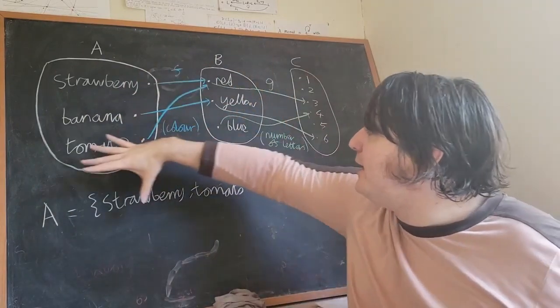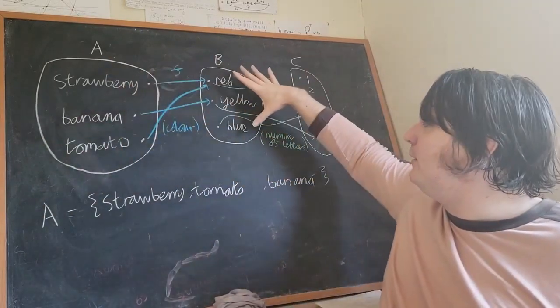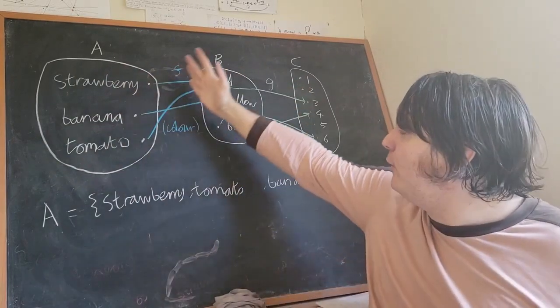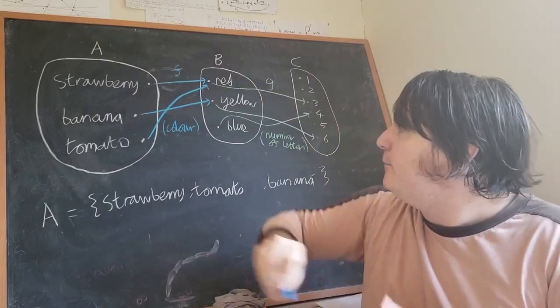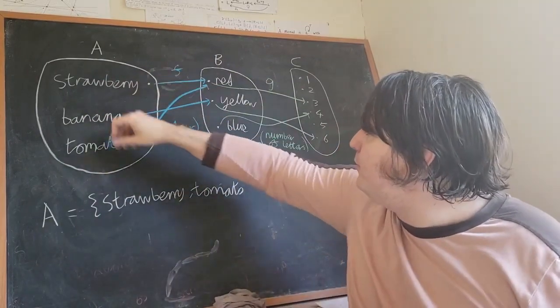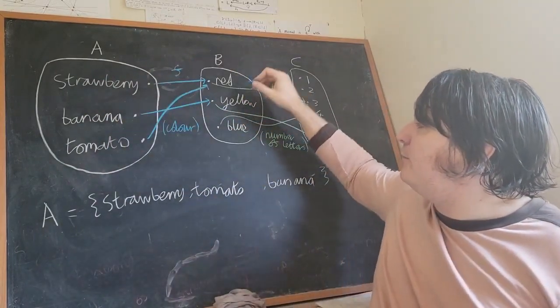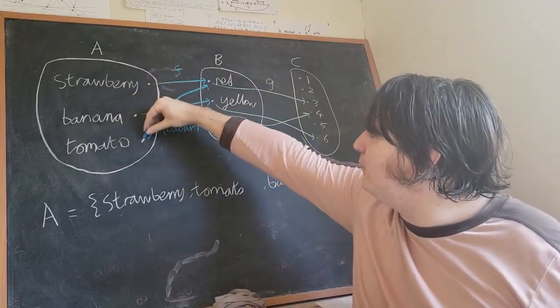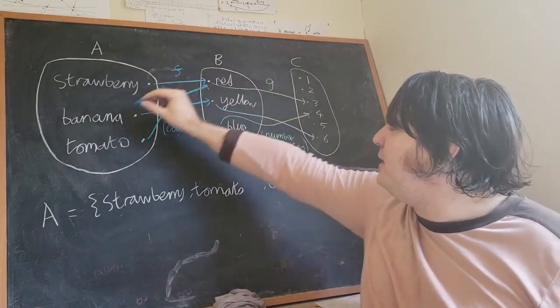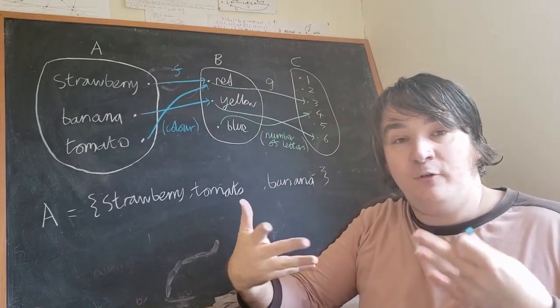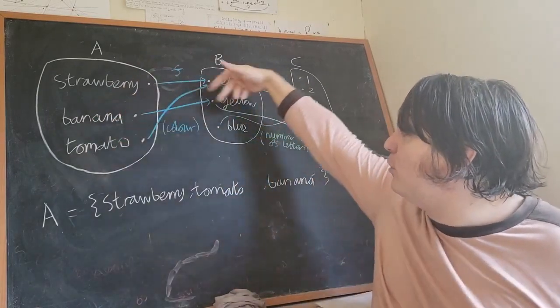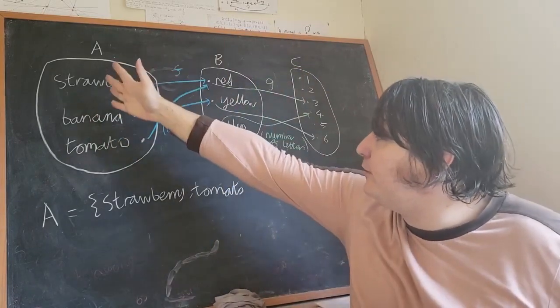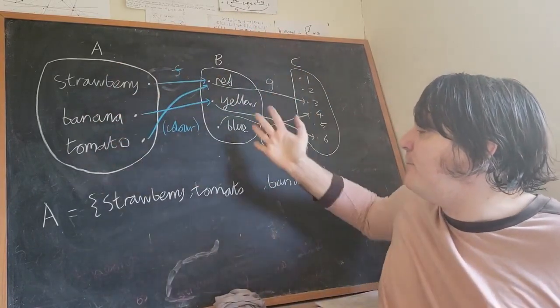We might say that every element in A is mapped to some element in B. This particular function has a very natural interpretation because it's sending each of these fruits to the colour that it has. It's sending strawberry and tomato to red, and banana to yellow. If you're new to the idea of functions, I strongly advise you to sit down and draw out all of the different functions from this set A to this set B.